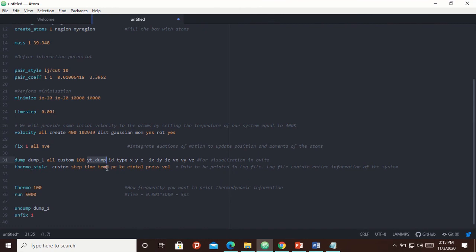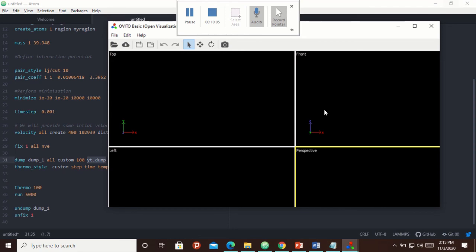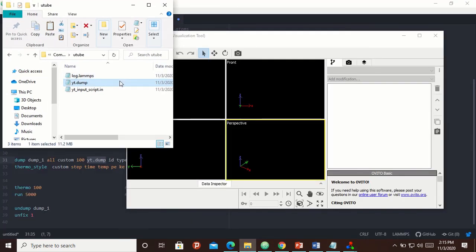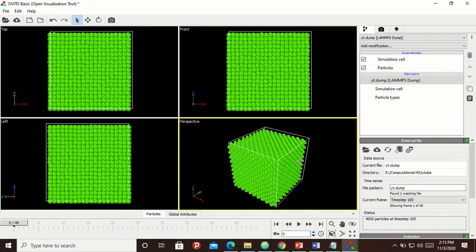This is the dump file that I have used to store the position and velocity information of the particles in the system. This is OVITO, and now we will see our simulation box in OVITO.